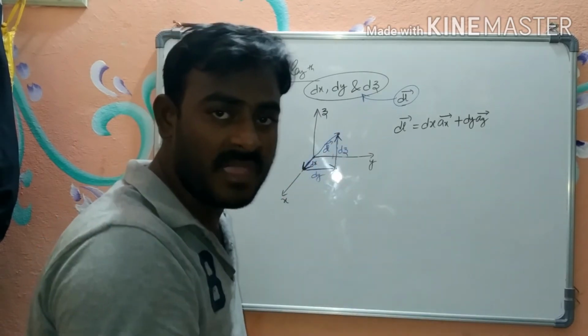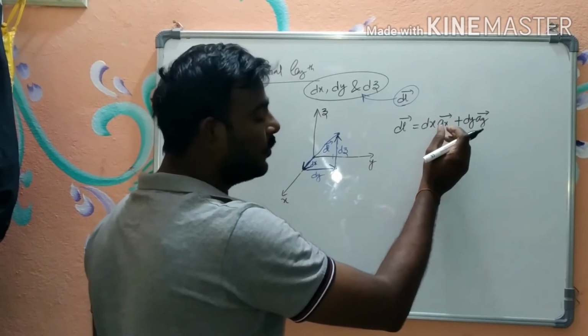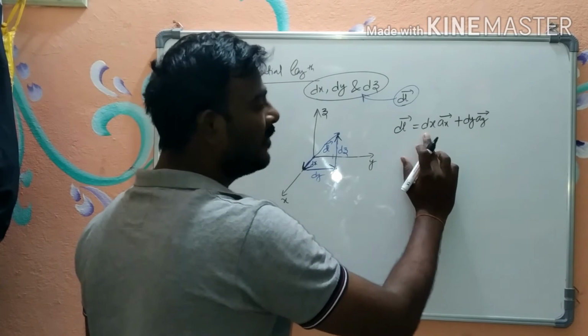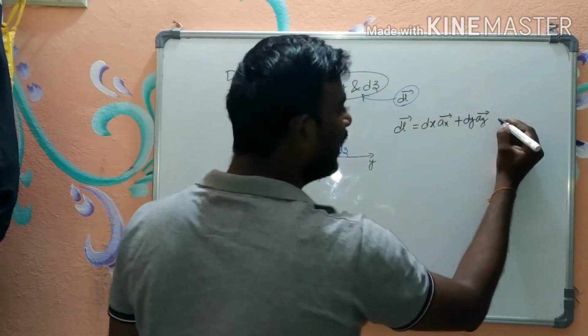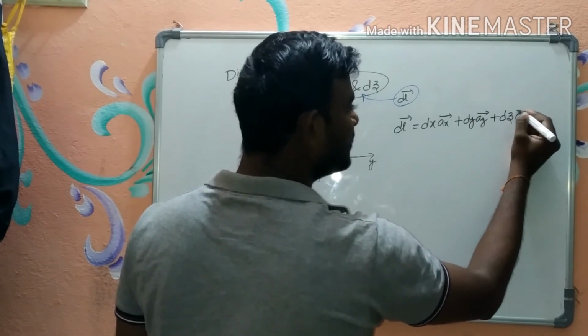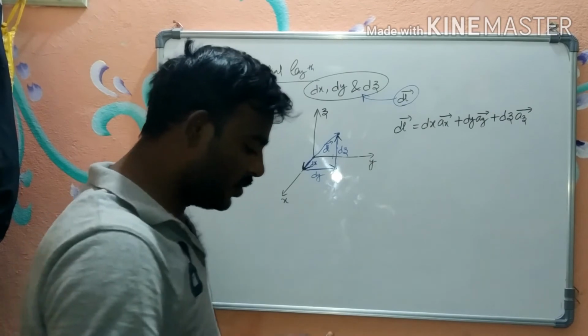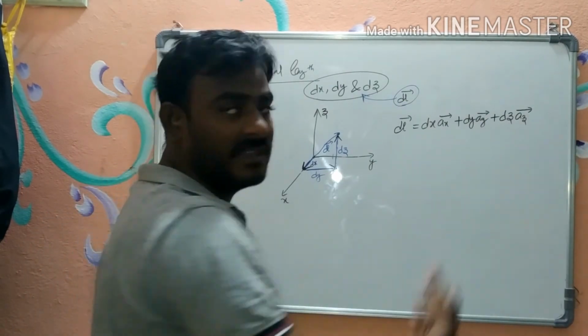It is like vector summation. So I have moved in the x direction for a distance of dx, in the y direction for a distance of dy, as well as in the z direction for a distance of dz. So we got dx ax bar plus dy ay bar plus dz az bar.